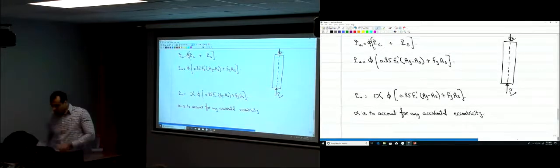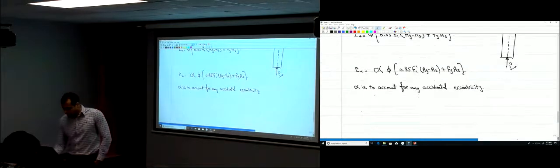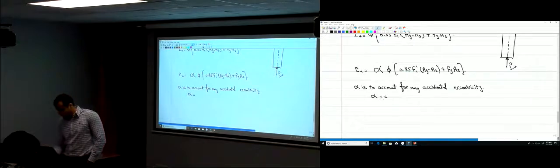How much is alpha? Alpha is 0.8 for tied columns and 0.85 for spiral columns.